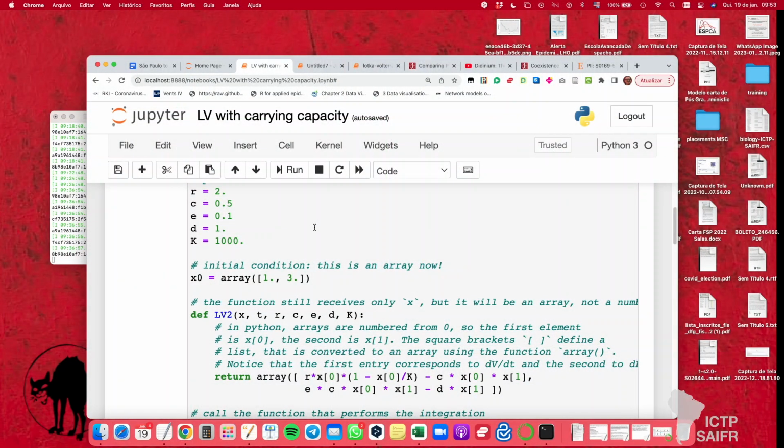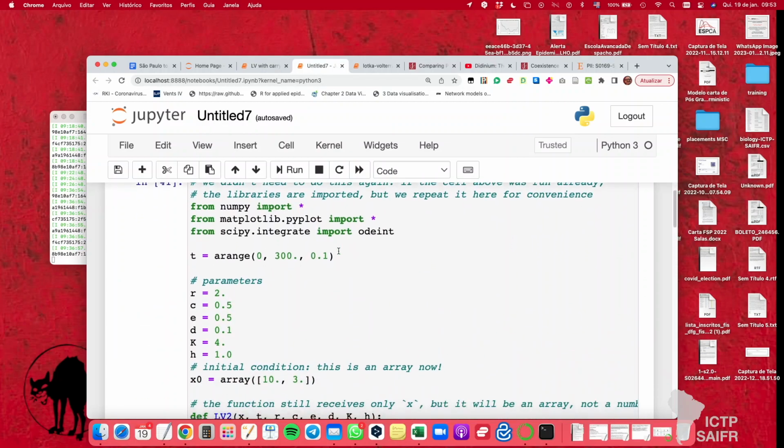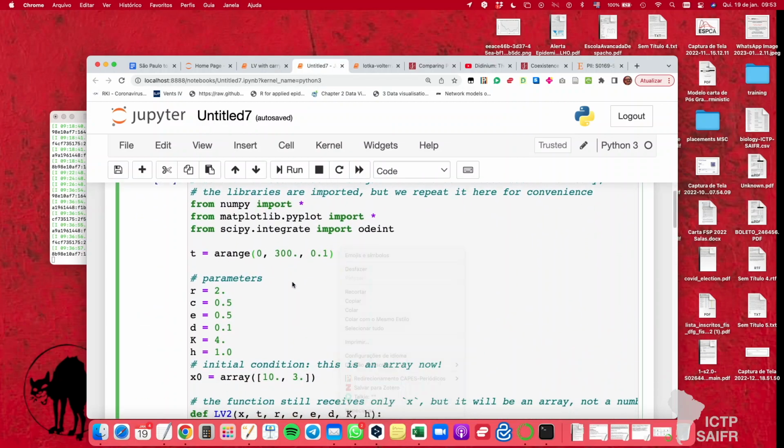We just take the same code, we just modify the equation, okay? So let's hope that this will work. So now we have to give new values for the handling time and the carrying capacity.